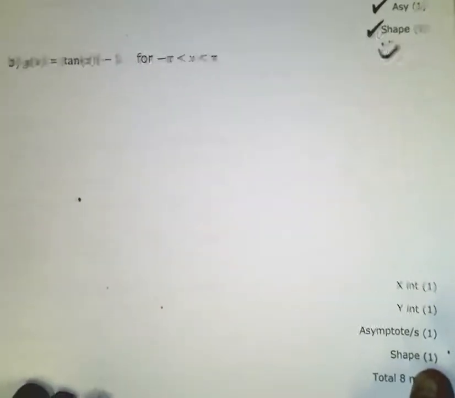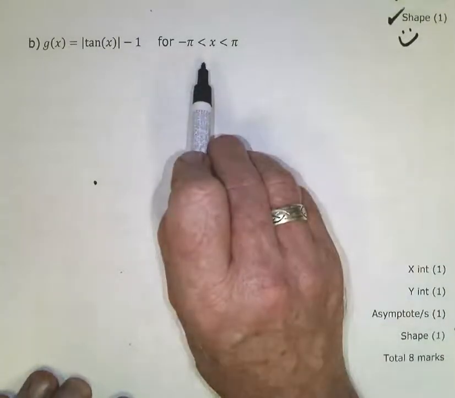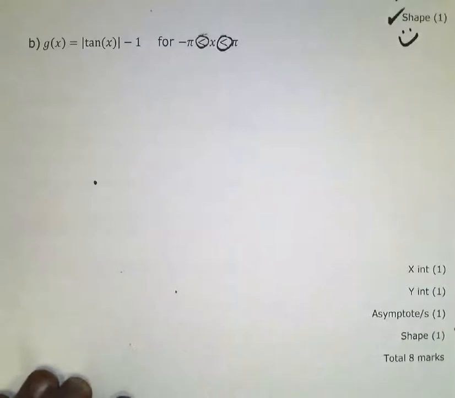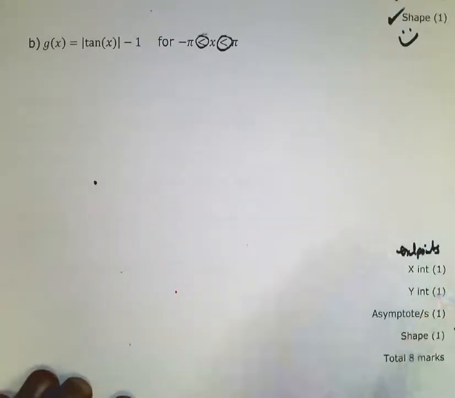Okay, the second one is a tangent. And I've got to draw it for this restricted domain, and I've got open circles on those endpoints. So just to remind me, I need to do endpoints, particularly if I'm someone that forgets to do endpoints, put it there to make sure that I tick them off.